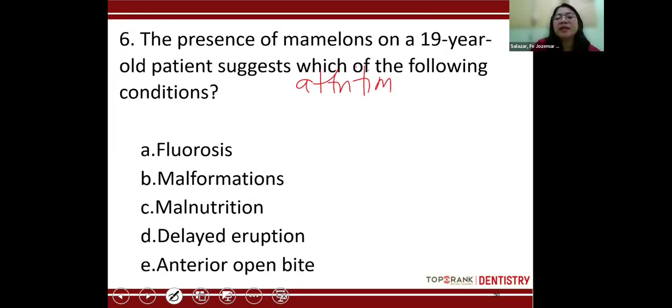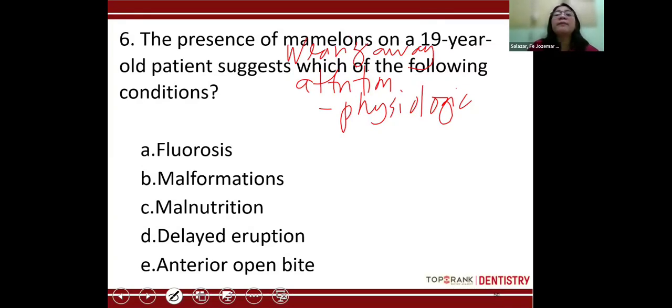O yan, para di malilito. Attrition is physiologic wearing away of your teeth. So these are the wearing away of tooth structure, or loss of tooth structure. Attrition is physiologic, brought about by occlusion, normal function. How about chemical wearing away of your teeth? Ano yun? Chemical. Mare, mahilig kayong mag-sip ng lemon.